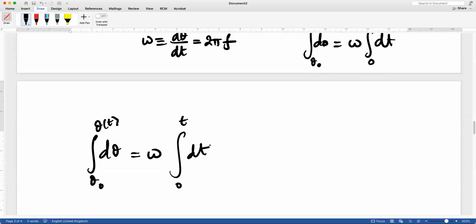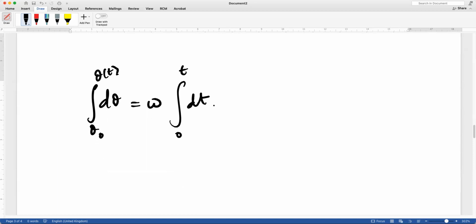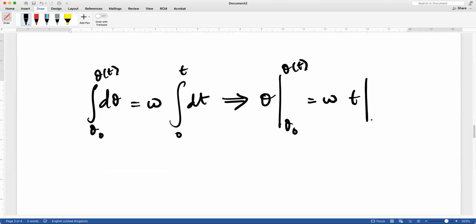Makes sense to you what we are doing? So to complete the integration, that will be theta with a limit of theta naught to theta of t equals omega. The time has to be from 0 to t. So that makes us theta of t minus theta naught should be equal to omega t. Is that okay?